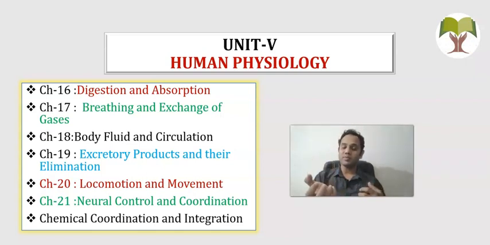But the waste product which is formed needs to be expelled outside of the body, and that process is termed the excretion process. Basically the excretory products, for example urine and human feces, how they are going to be expelled and how they are formed.